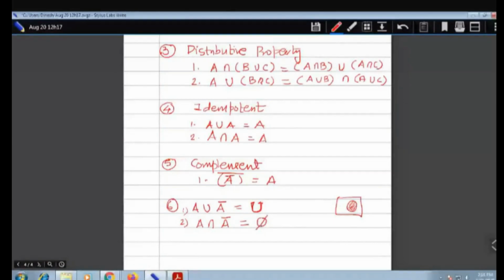The third one is phi complement, or null complement, which is nothing but U, that is the universe. And like that, U complement is what? Phi.